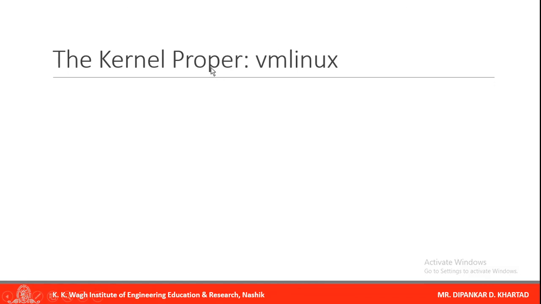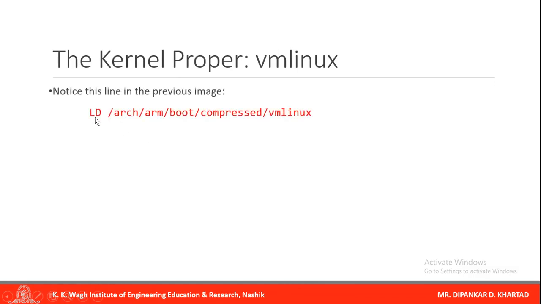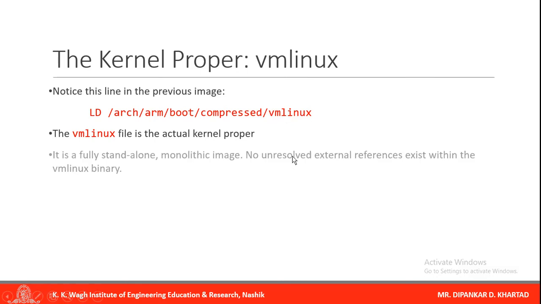The kernel proper, vmlinux. Notice this line, LD for the architecture ARM boot compressed vmlinux. The vmlinux file is the actual Linux kernel proper.